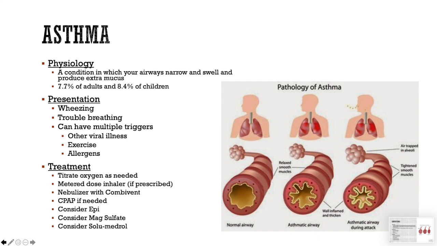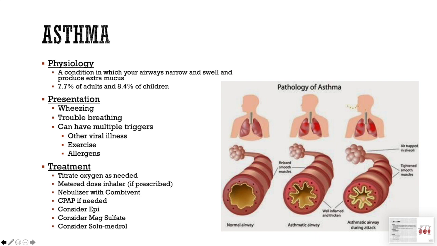If for some reason they don't have their MDI or it's empty, go ahead with the nebulizer. Once again, CombiVent is going to be great for these patients. It's going to help thin out that mucus and help them get it up. CPAP if needed. Asthmatics can benefit greatly from having CPAP applied.